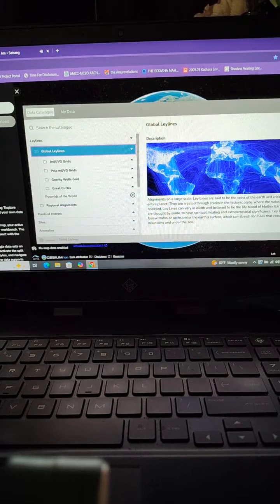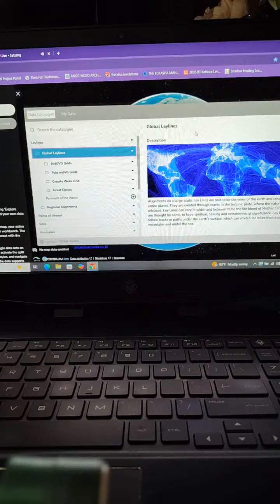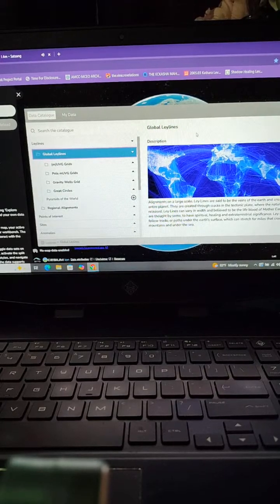Ley lines follow tracks or paths under the Earth's surface, which can stretch for miles that cross valleys, mountains, or under the sea. So as above, so below. The ley lines are above us. The crystal grid is below us.